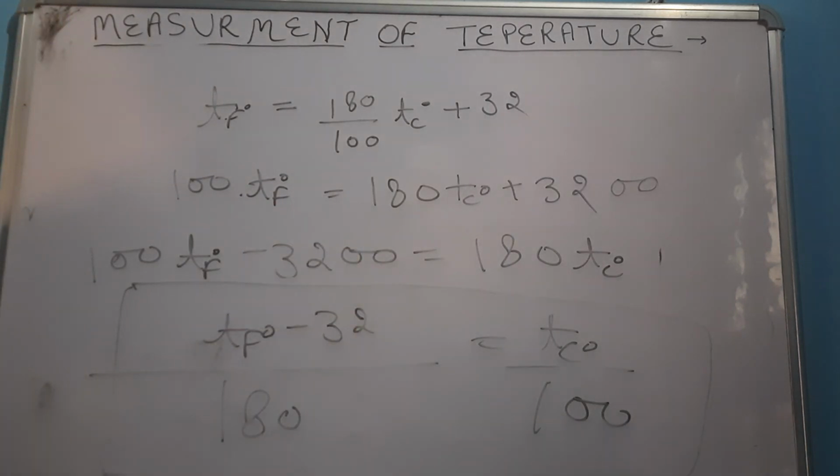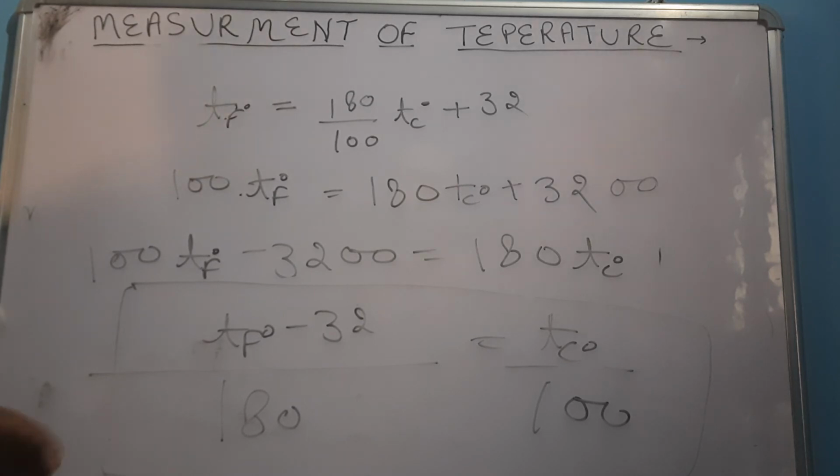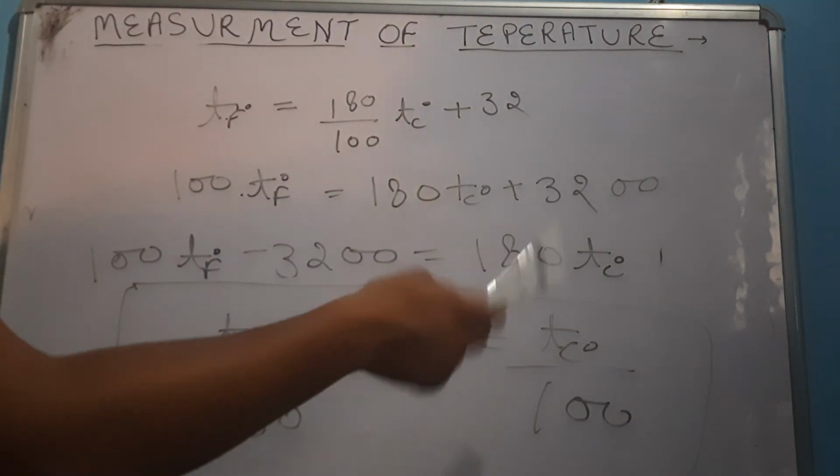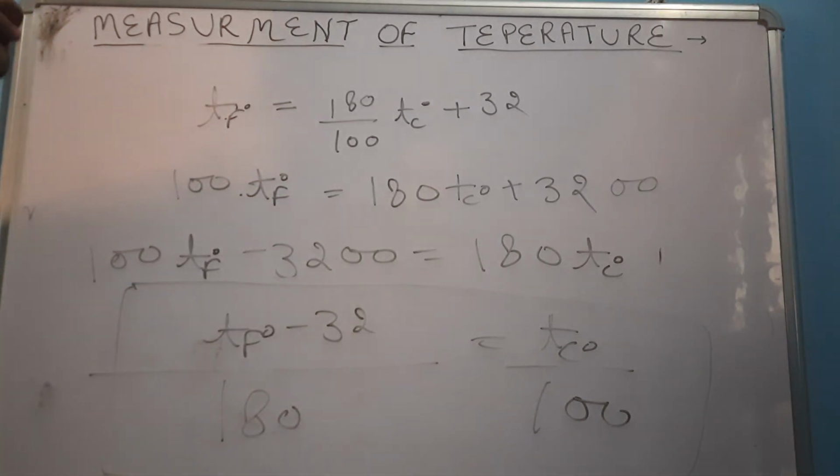And in case of the Fahrenheit thermometer, we will have starting point 32 degrees Fahrenheit, because when we take a Fahrenheit thermometer and touch the ice, it will show 32 degrees Fahrenheit, not 0.